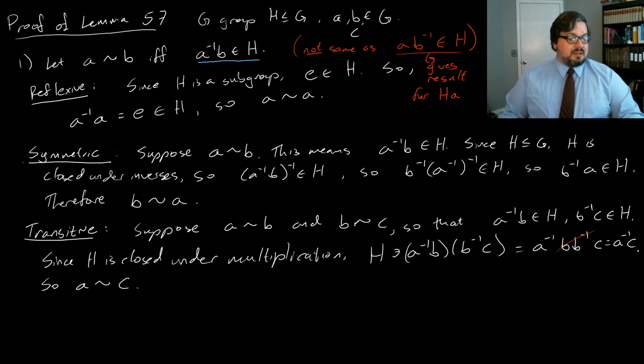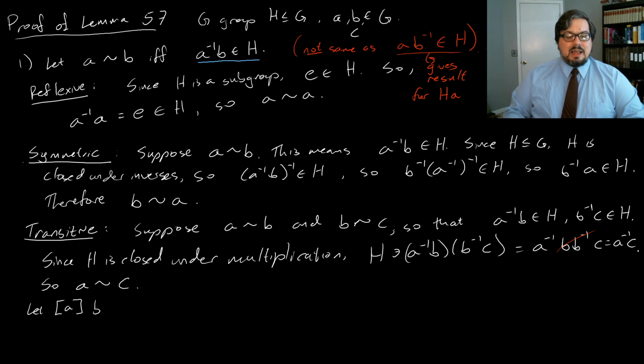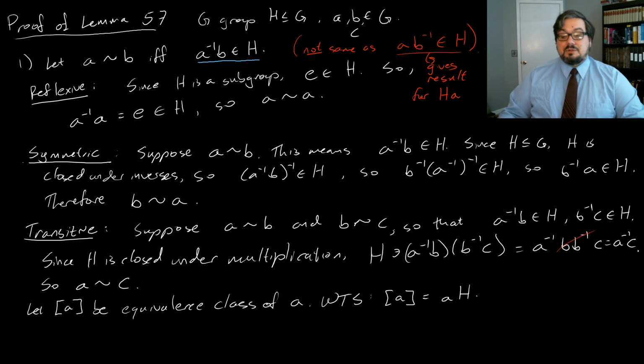So now let's look at the equivalence class of A under this relation, and let's show that it's exactly the cosets. So let's, for the moment, let bracket A be the equivalence class of A under this relation. We want to show that the equivalence class of A is exactly equal to AH. We're trying to show an equality of two sets, so let's prove both inclusions.